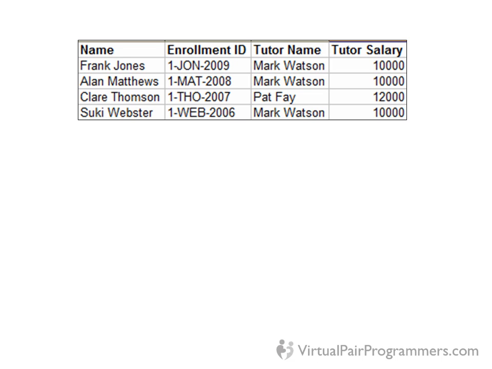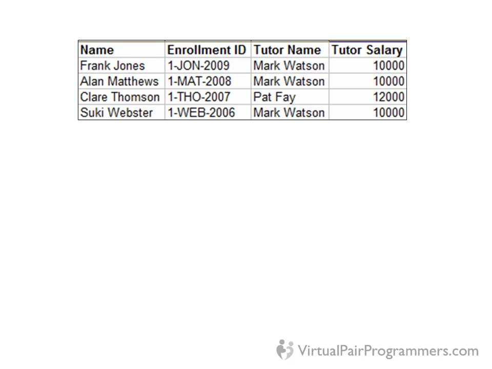But this is really bad. It violates one of the principles of databases, which is that data should not be replicated. Now, I want to be able to track the salary for each tutor, as well as their name. So notice here that because this tutor called Mark Watson is supervising 3 different students, I've had to copy their salary into 3 different rows.